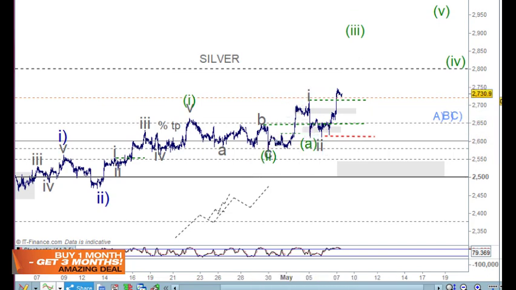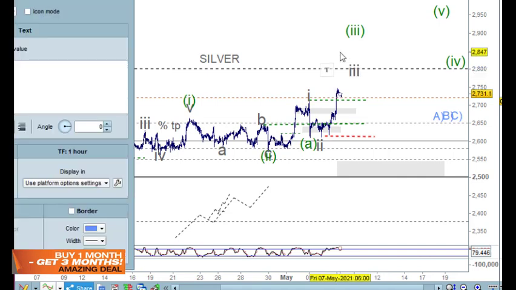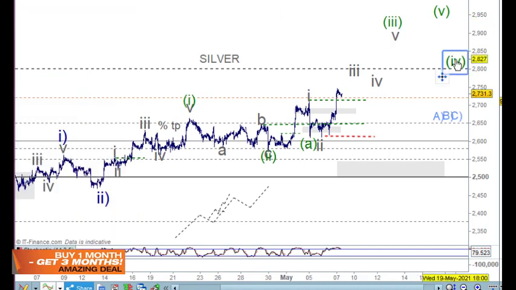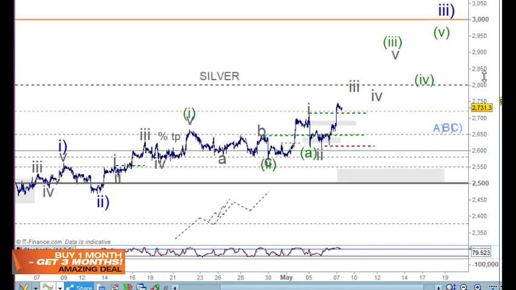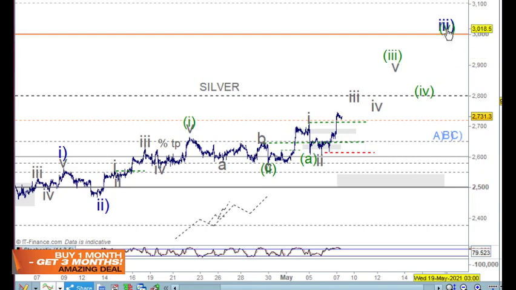So just to give you an idea, we still need 1, 2, 3 and 4 and 5. That would make wave 3 here and wave 4. I'm only doing this roughly.